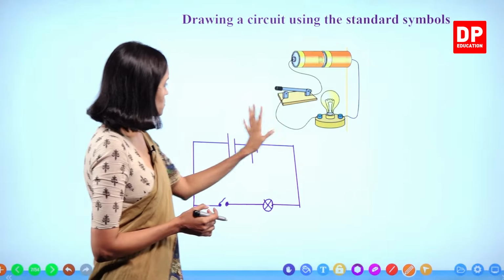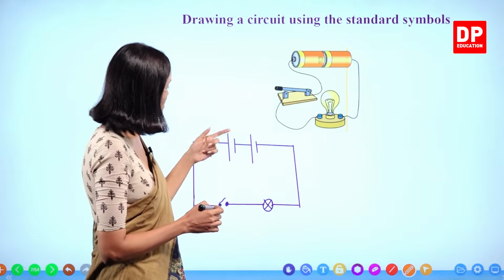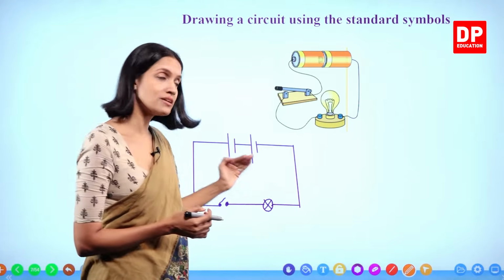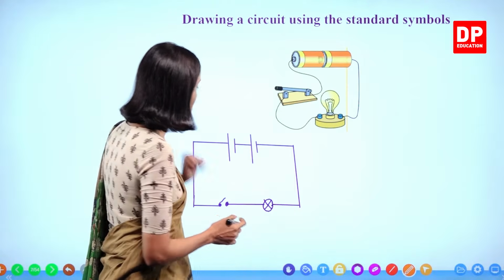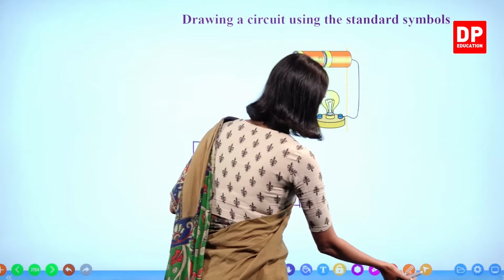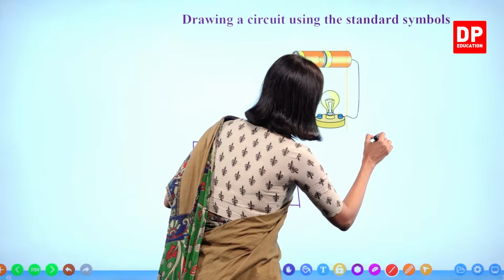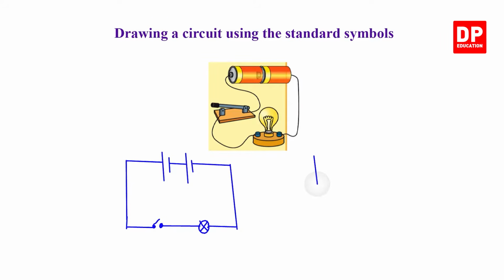Let's draw another circuit. We'll connect 4 dry cells and a galvanometer and a switch, a bulb as well, right? We can draw different types of circuits. We'll draw 4 dry cells.